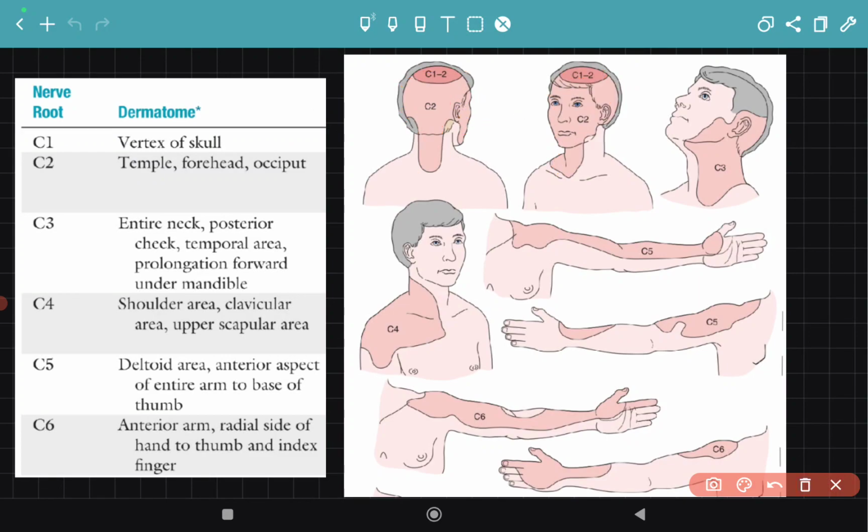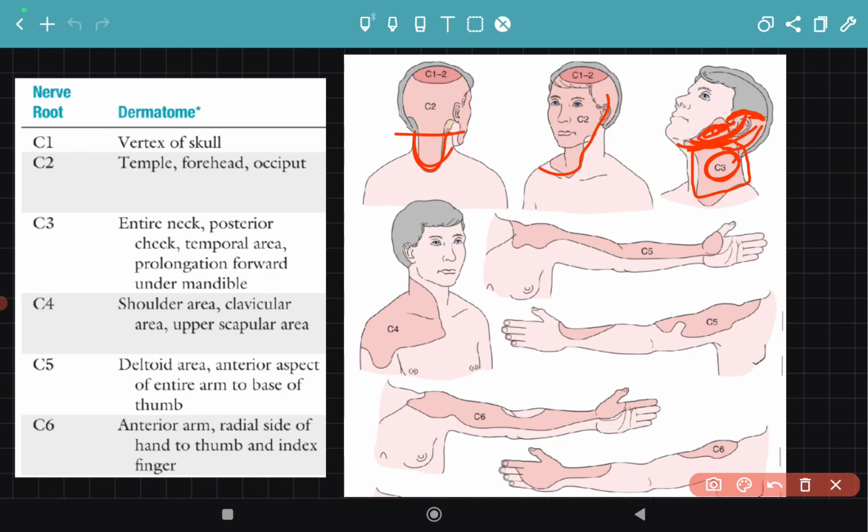This upper part till here, extending till here, that was C2. Now coming to the next, which is C3. Here it can be seen there is the entire neck. We have to assume it bilaterally. So there is the entire neck, posterior cheek, temporal area, some part of the temporal area, and a prolongation forward under the mandible, this way.